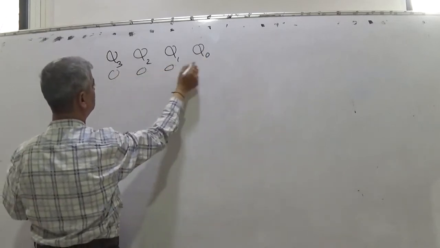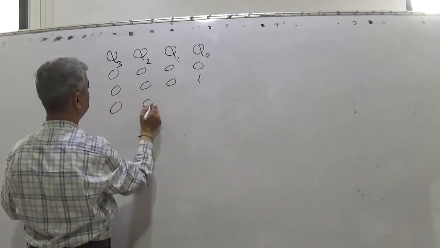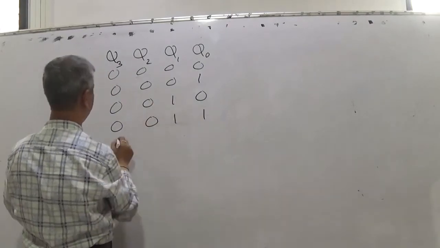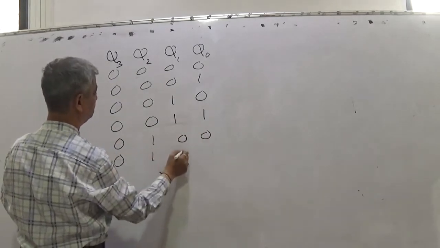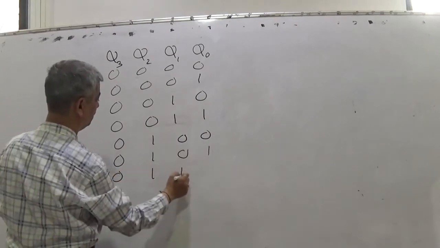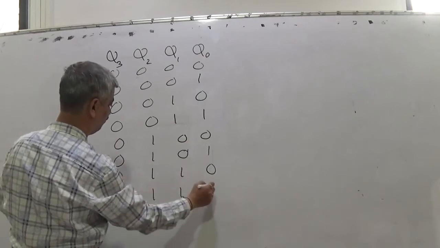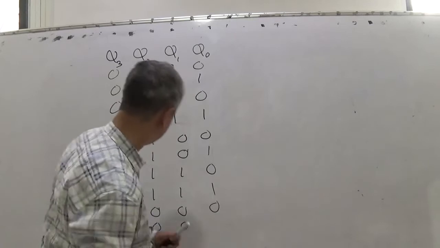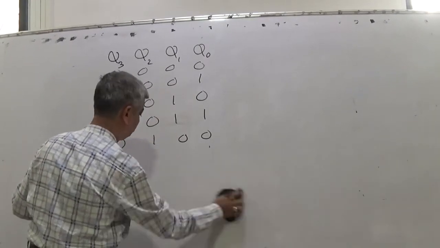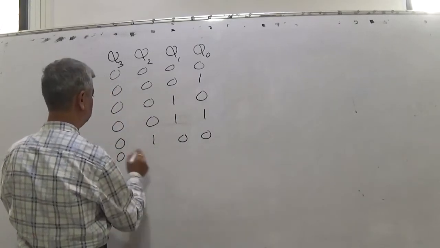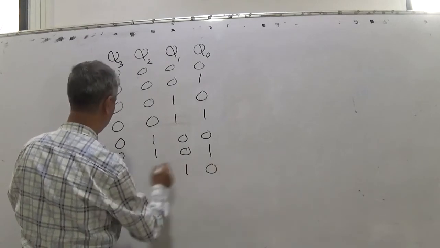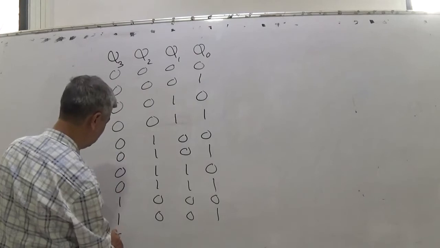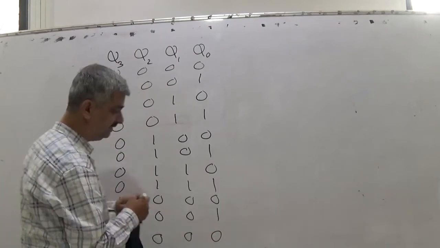So 0 0 0 0, 0 0 0 1, 0 0 1 0, 0 0 1 1, 0 1 0 0, 0 1 0 1, 0 1 1 0, 0 1 1 1, 1 0 0 0, 1 0 0 1, and then again 0 0 0 0. So this is a decade counter.